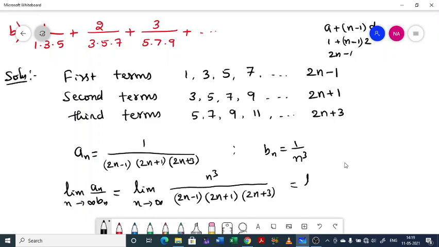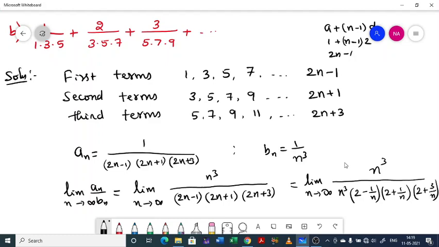So taking n outside in each term of the denominator, limit as n tends to infinity n cube divided by n cube into 2 minus 1 by n into 2 plus 1 by n into 2 plus 3 by n. n cube gets cancelled, so it will be 1 by 8.